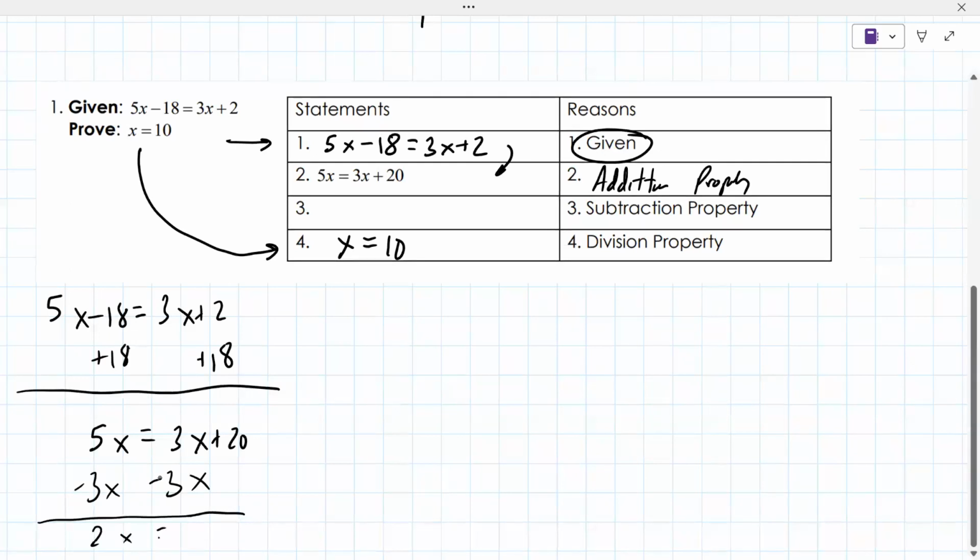So this is 2x equals 20. That's the subtraction property. Then does this match here? Are you dividing to get to this last step? Yeah. Okay, great. Any questions on that? Thoughts on that? No. All right.